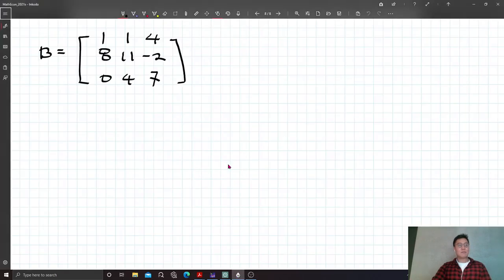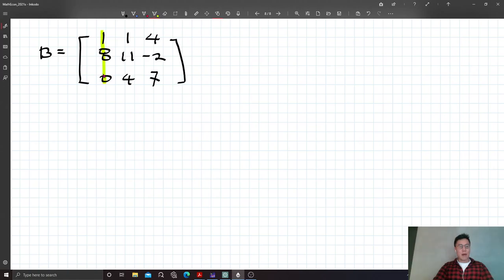Matrix B is right here, a 3 by 3. And once again, the two-stage procedure begins with one choice of column or row. For this example, let me choose column 1 because it has a number 1 and number 0. I think that's the best choice in this example.